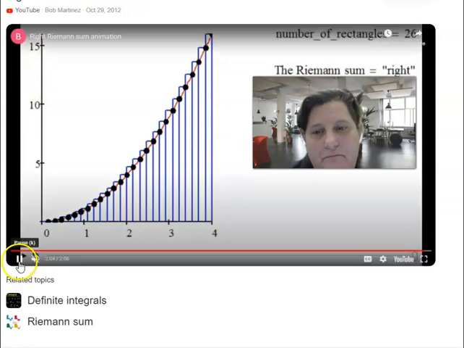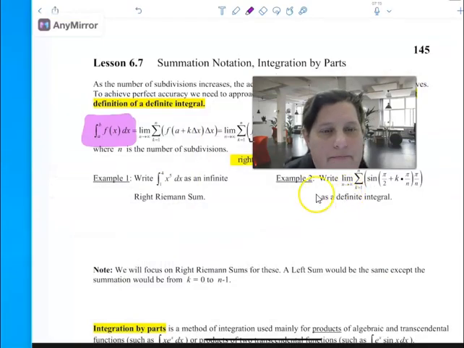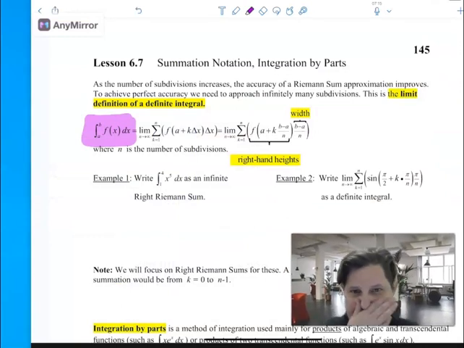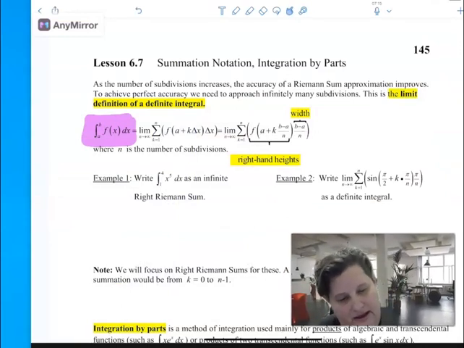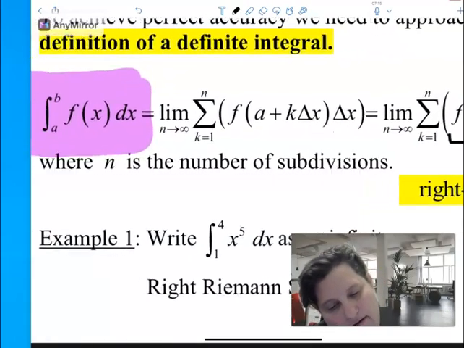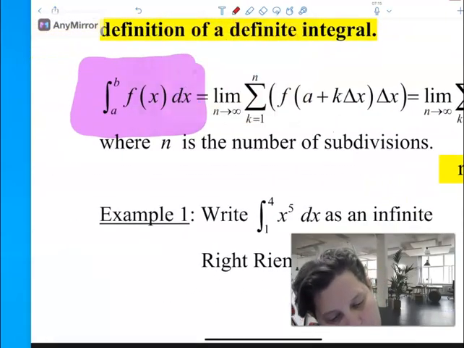All right? Okay, so if we take a look at this, what this is saying is n is the number of rectangles. And what's happening here is my rectangles are going to infinity.